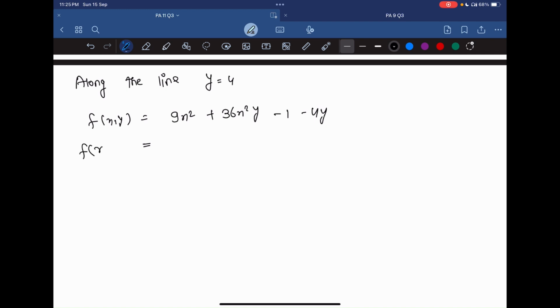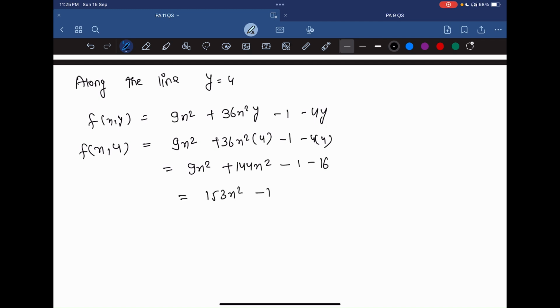Now it will become f of x comma 4. And 33x square minus 17.